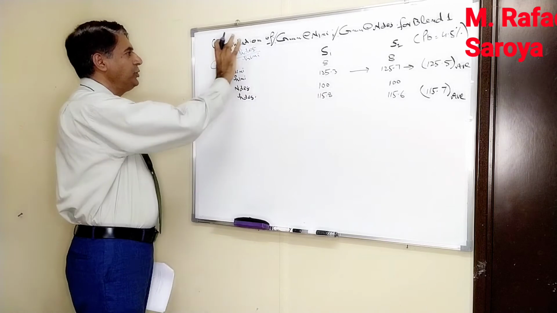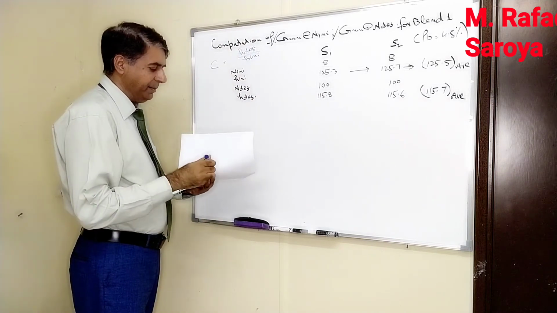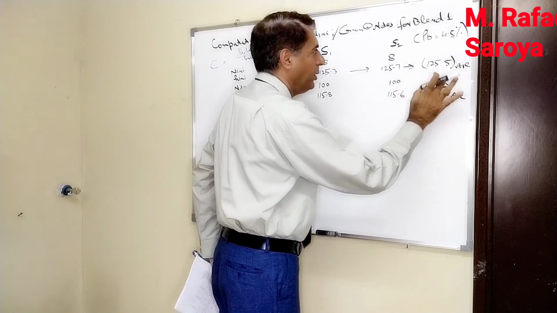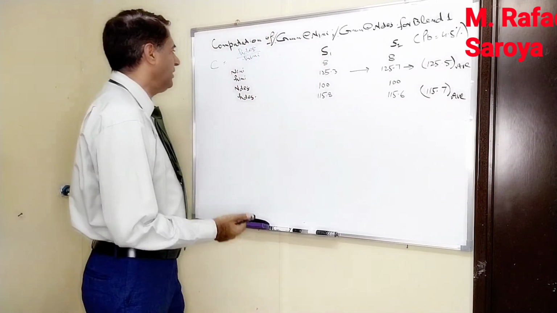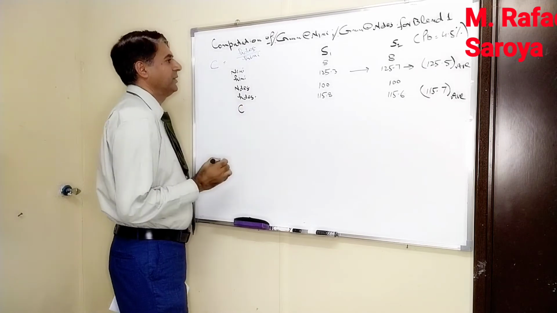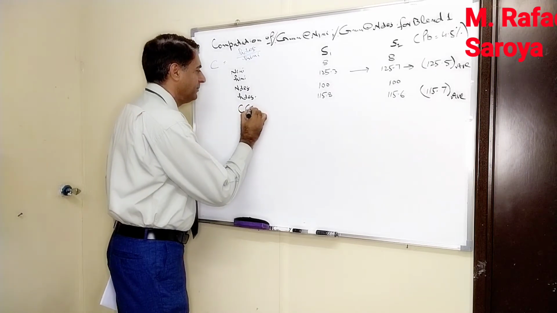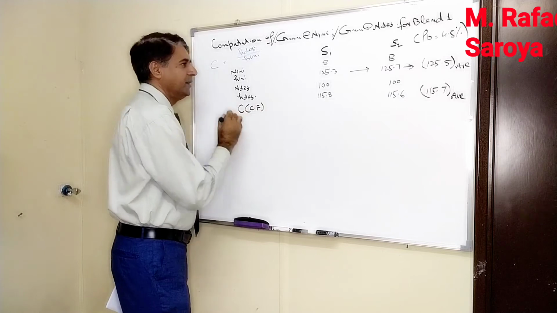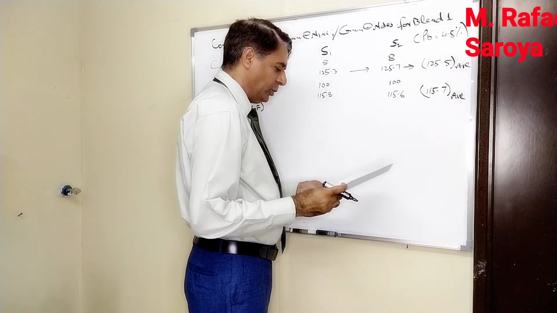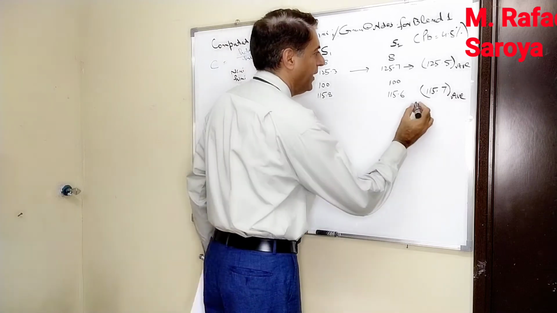If I use this equation, which I have just written over here for your understanding, this would be divided by this. After this division, I get the C value, which is my correction factor. I will write down the value directly over here. This value comes out to be 0.92.